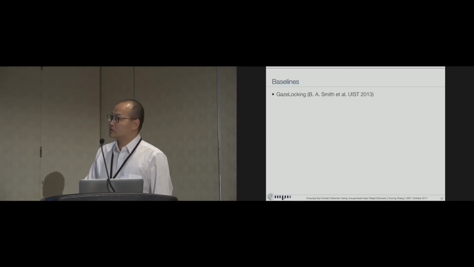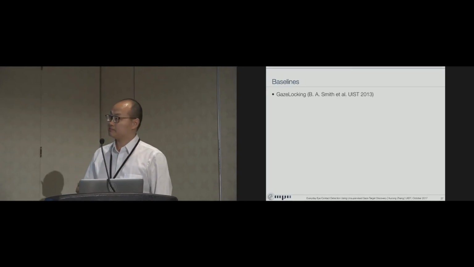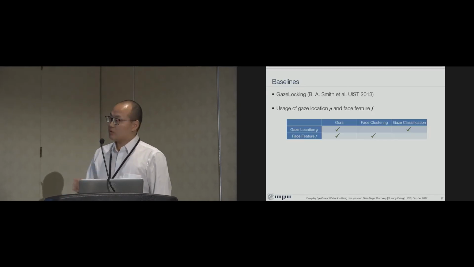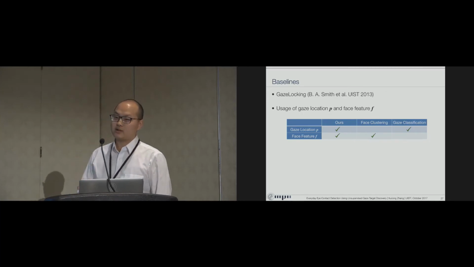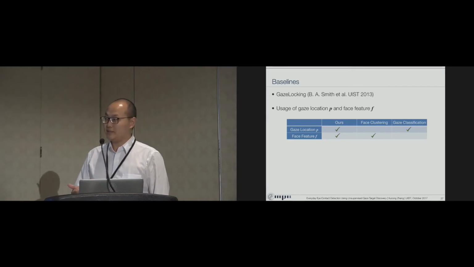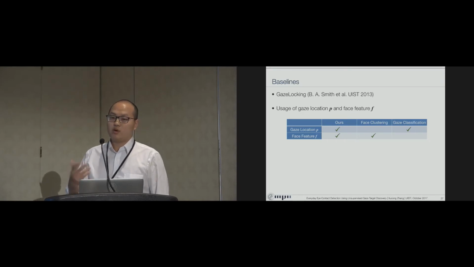We take gaze locking, one of the previous works, as one of our baseline methods. We also evaluate the usage of the gaze location P and the face feature F. For our method, we use the gaze location for the clustering and the face feature for the detector training. For the second method, called face clustering, we use the face feature for both clustering and detector training.